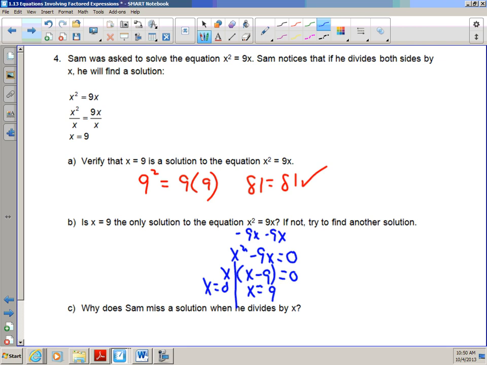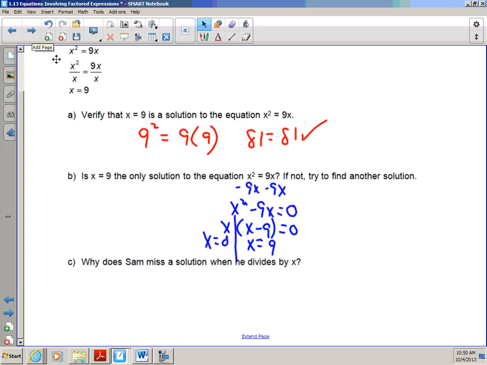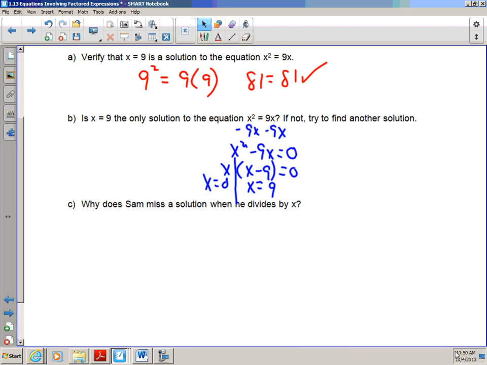X is equal to 9 and x is equal to 0. So somehow the strategy that Sam used did not pick up 0 as a solution. Well, why is that? If you take a look at the steps that Sam underwent, he divided both sides by x.